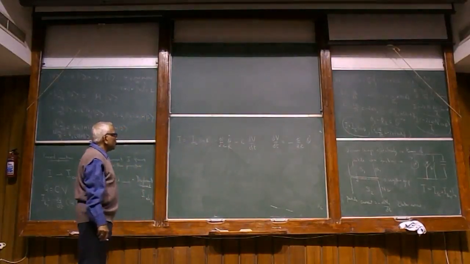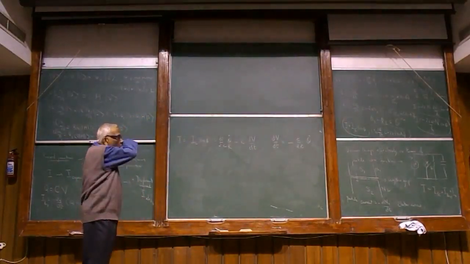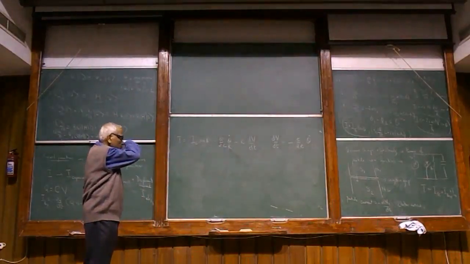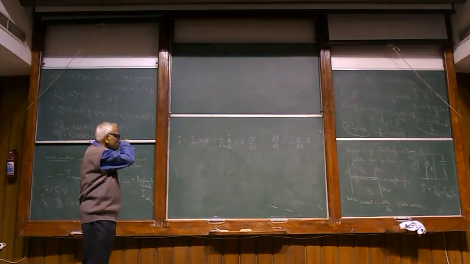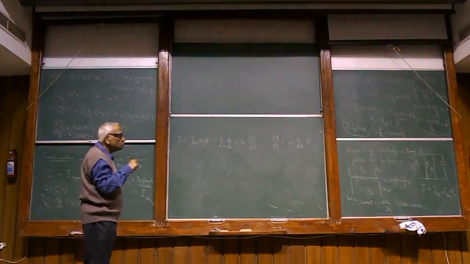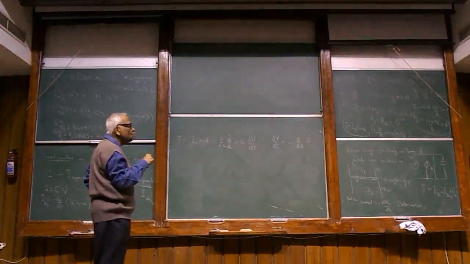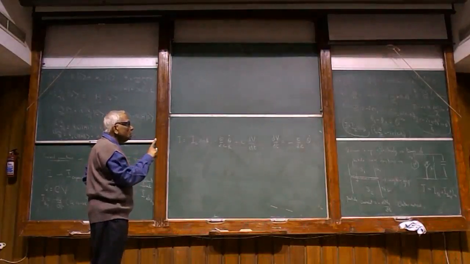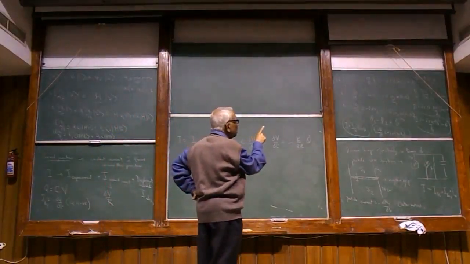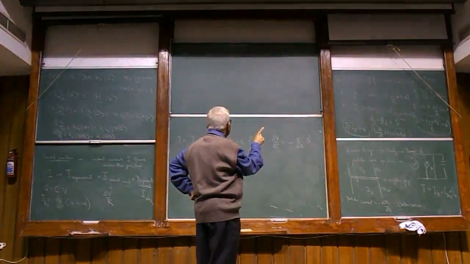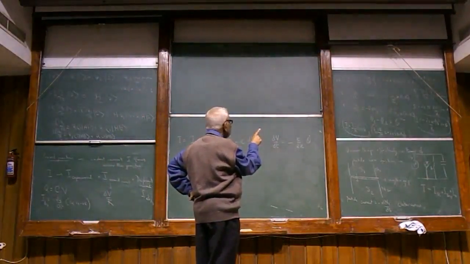So I see IC was this negative term, minus 2eW.